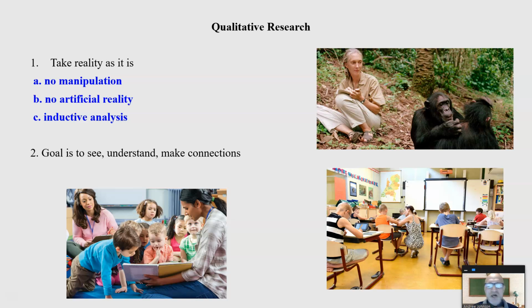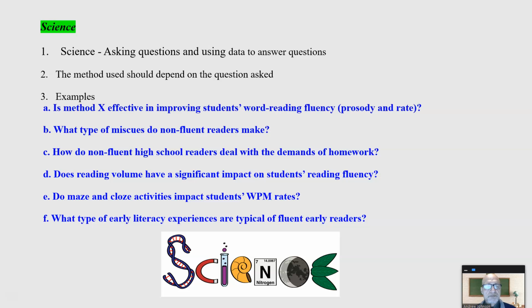We can see the causal relations between this and that, but the goal is to understand reality, to make connections. We look at phenomena, and we look for patterns to emerge, and we use inductive analysis. That is qualitative research. So science is simply asking questions and using data to answer those questions.